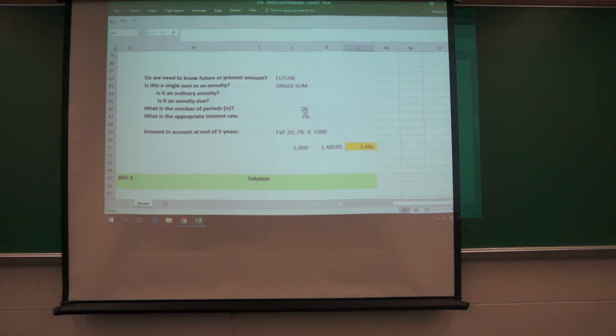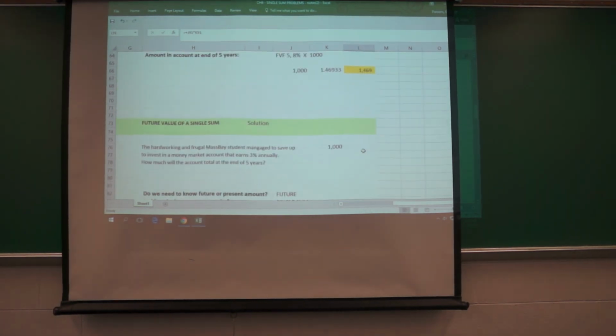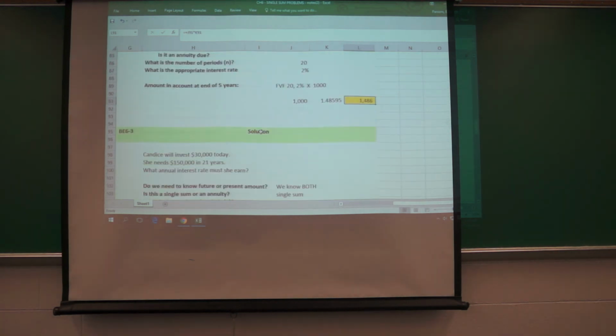It's compounded quarterly. So now there'll be 20 periods, because it's 5 years times 4 periods each year. And you have to divide the interest rate by quarters. And so you can see when it's compounded faster, you're going to end up with more at the end of 5 years. You're getting 1486 as opposed to 1469. So more compounding is better when you're earning money.